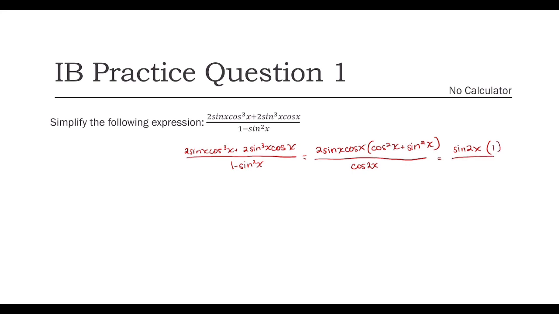So we have sine 2x over cosine 2x, and sine over cosine is tangent. So our answer for this would be tangent of 2x. This whole big expression simplifies just to tangent of 2x. That's why it's really important to know all of your trig identities, because you're going to need them to be able to simplify expressions like this.